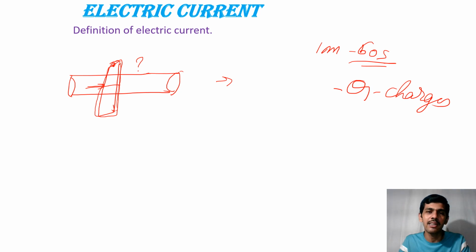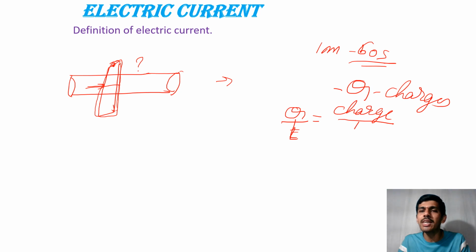Let Q be the amount of charge flowing through that area; it may be a very large value. In general I take T for the time interval and Q for the charge, the number of charges flowing through that area.